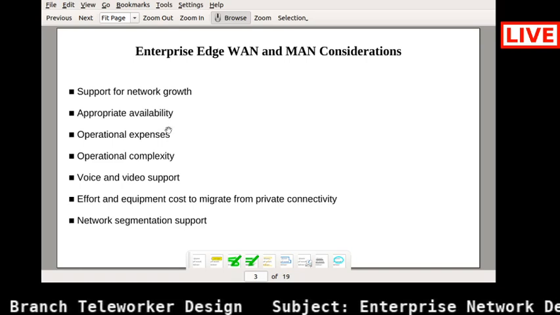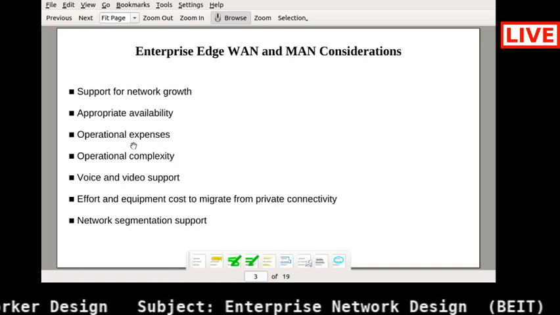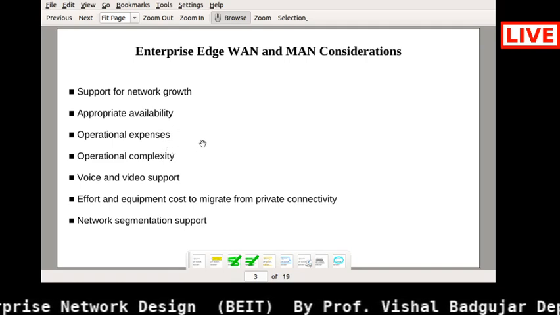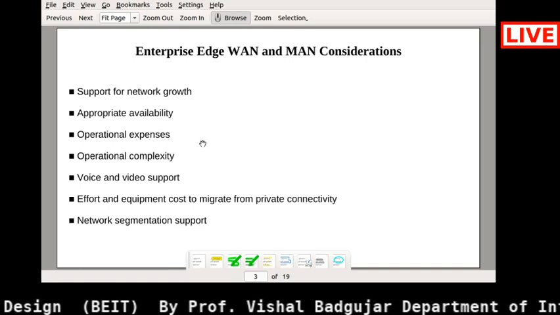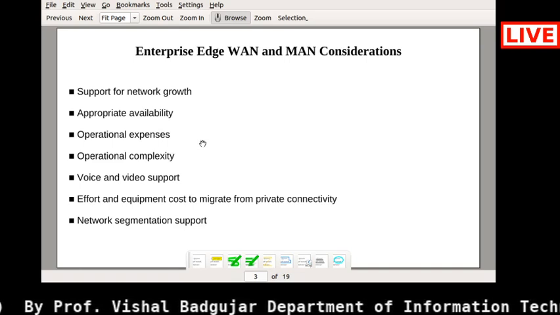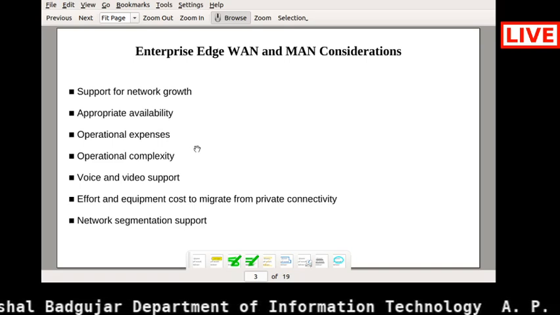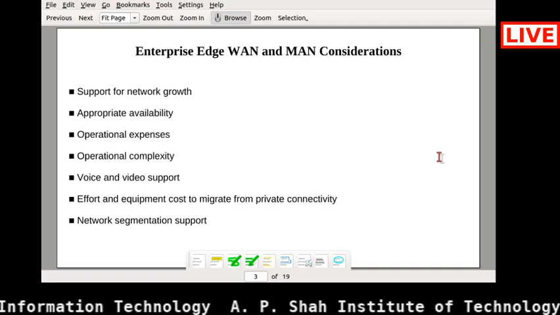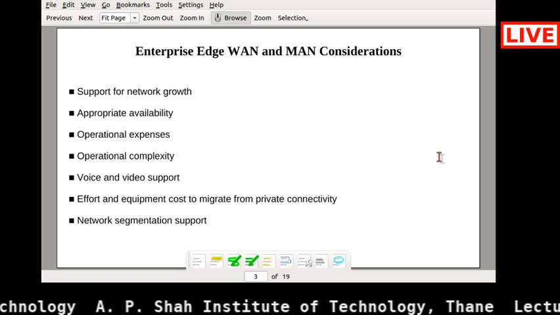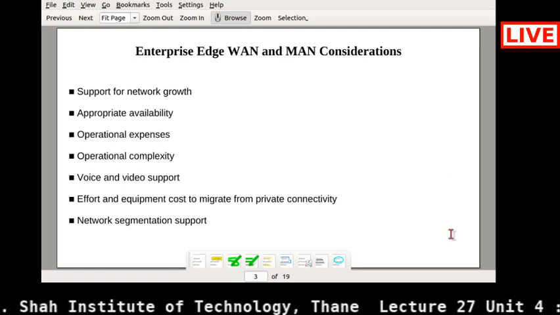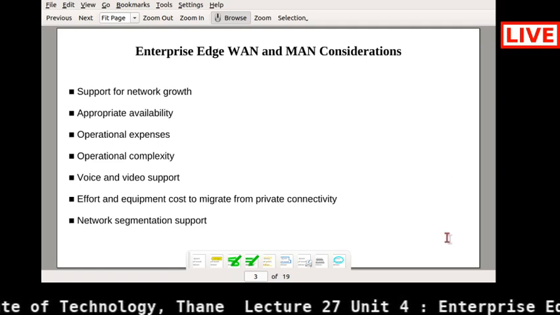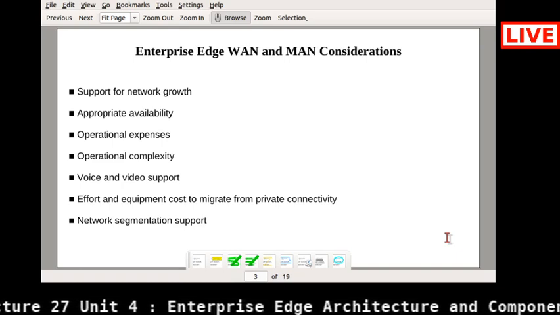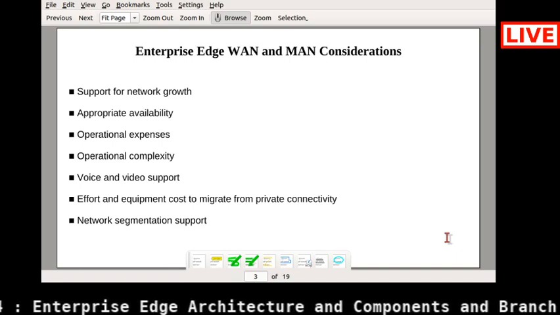Then the third consideration is operational expenses. The WAN technologies we have studied in our previous sessions have a higher cost than other technologies. For example, if I need to give them Frame Relay or ATM, which we have already studied, they have a higher cost than, say, an IPsec-based VPN, which will be very low cost compared to Frame Relay or ATM.